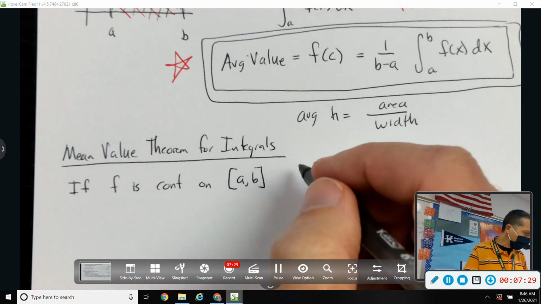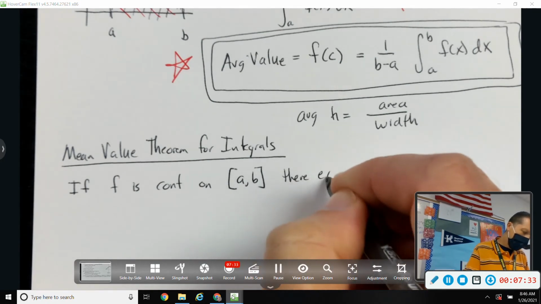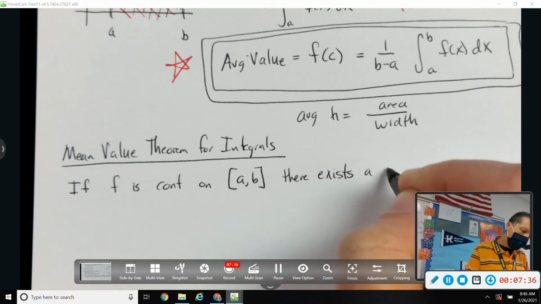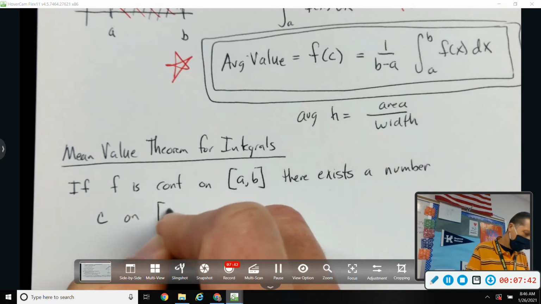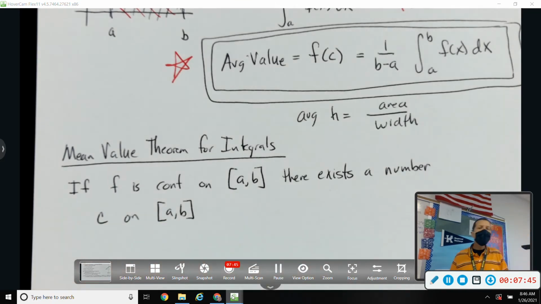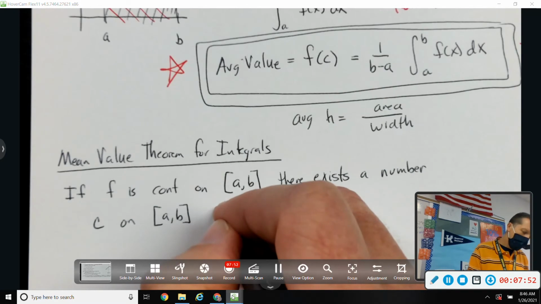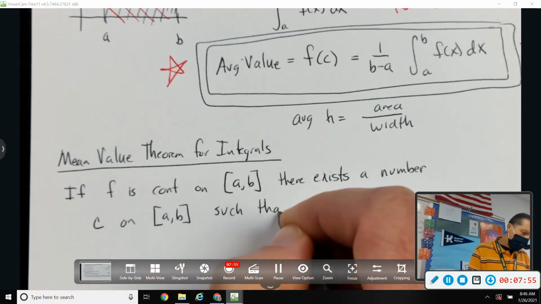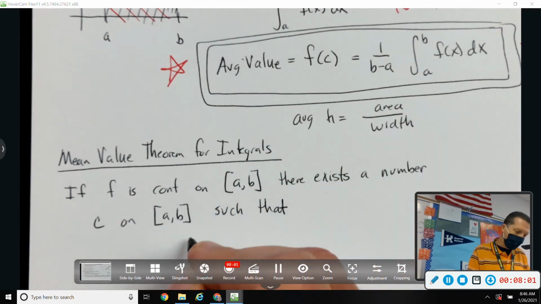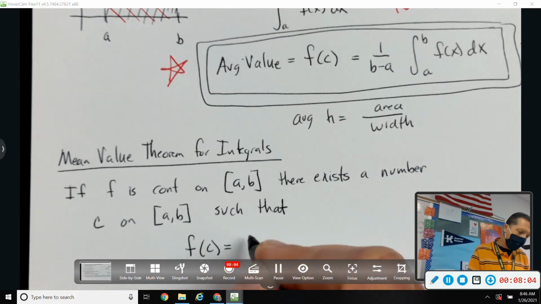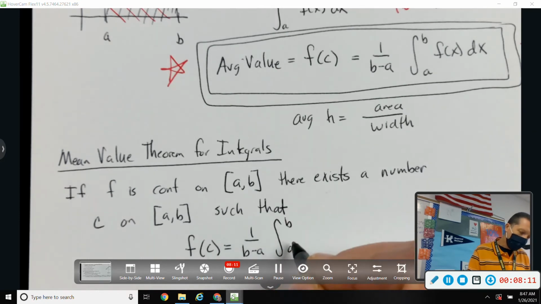If f is continuous on A to B, there exists a number C on A to B such that, now we're going to rewrite the average value equation: f of C equals 1 over B minus A, integral from A to B, f of x dx.